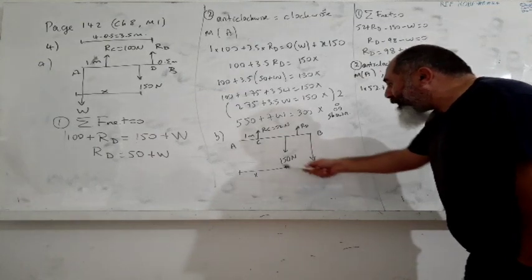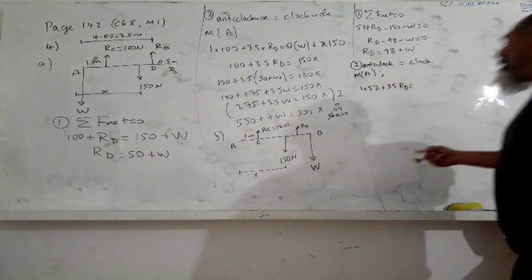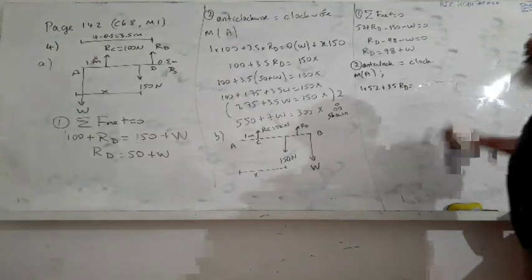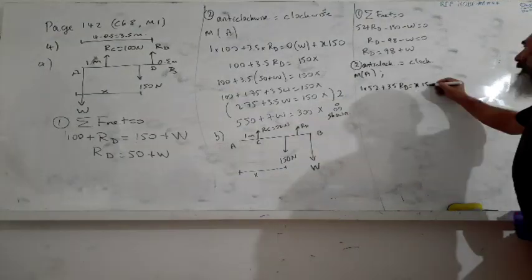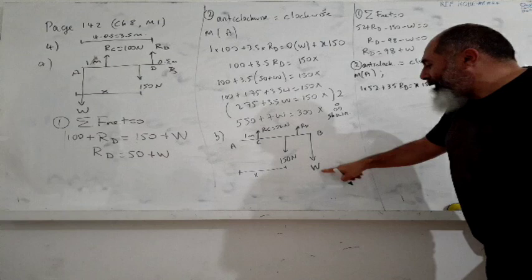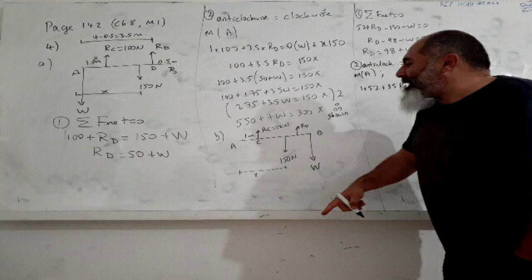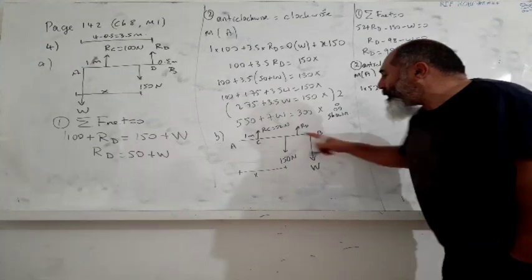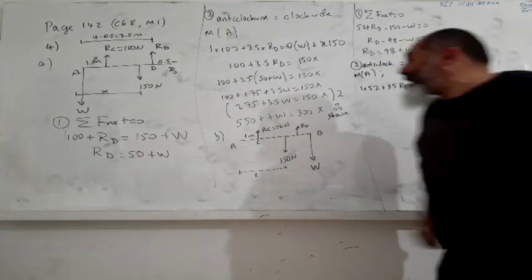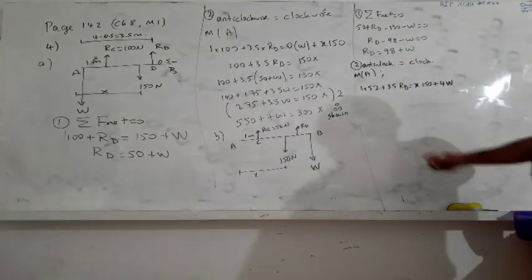And we have a particle there, weight W, and it is on B, and the distance from A to B is what? 4, because total length is 4 meters, times the force, which is the weight. So 52 plus 3.5 RD, where RD is 98 plus W. In place of RD I am going to substitute that one because I need an equation in terms of W and X only.